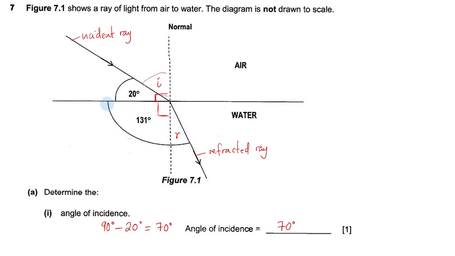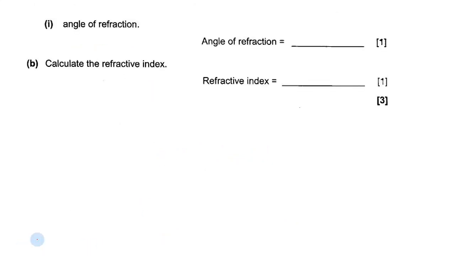However, they've told us that from here up to there it is 131. So for us to know this, we'll say 131 degrees minus 90.